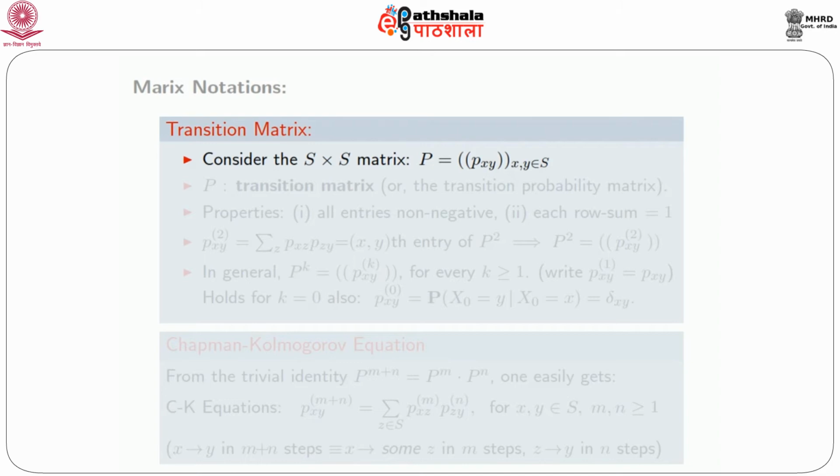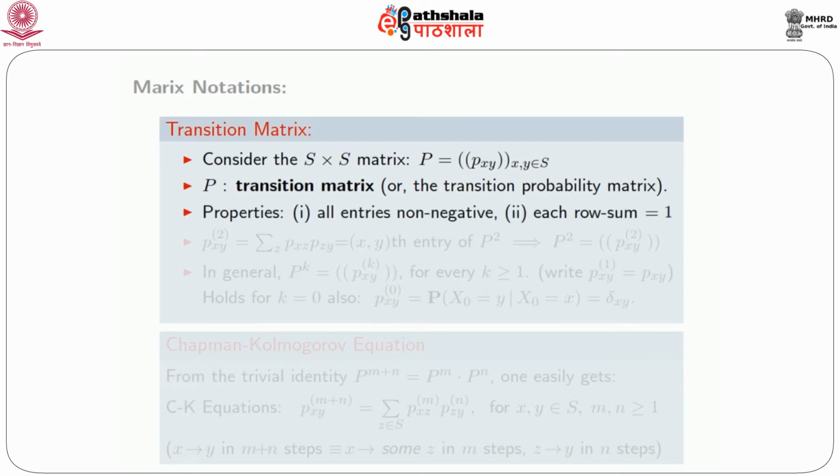So it has |S| many rows and |S| many columns. So the number of rows and number of columns is the number of states, and the xth row, yth column element is Pxy. So this P is often called the transition matrix or sometimes the transition probability matrix.